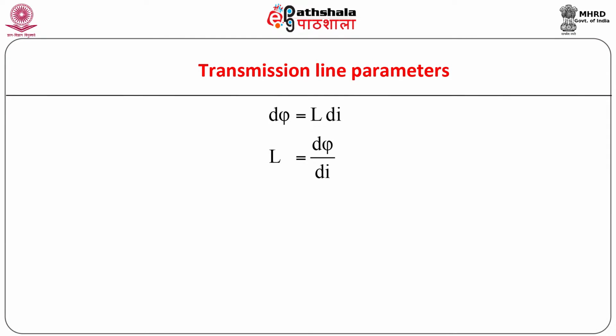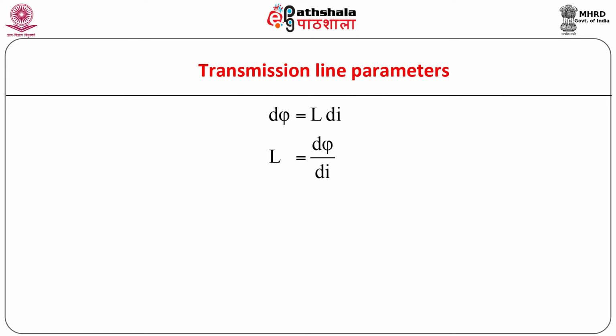Let us discuss in brief the parameter inductance per unit length of the transmission line. We know that a current carrying conductor is associated with a magnetic field around it. Accordingly, sinusoidally time varying current flowing through the transmission line produces a time varying magnetic field, which in turn produces an EMF in the line.